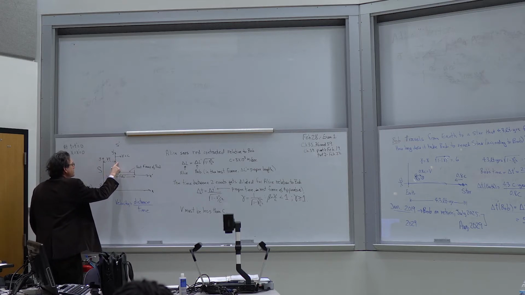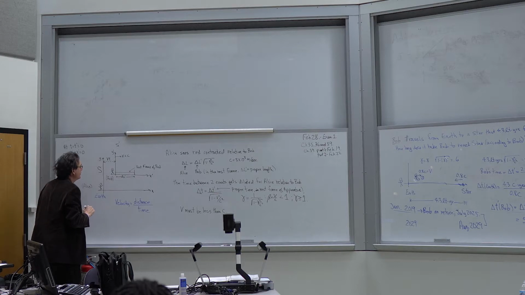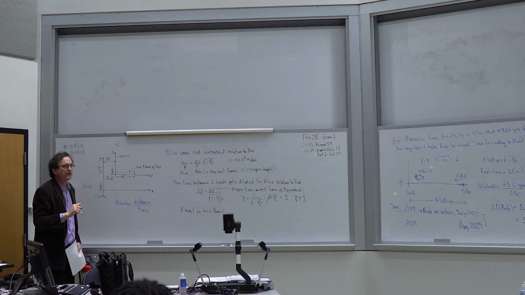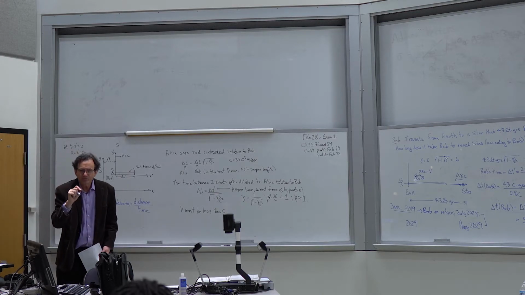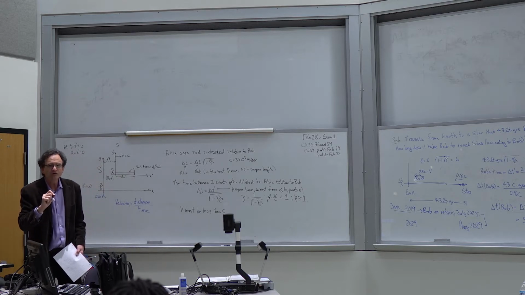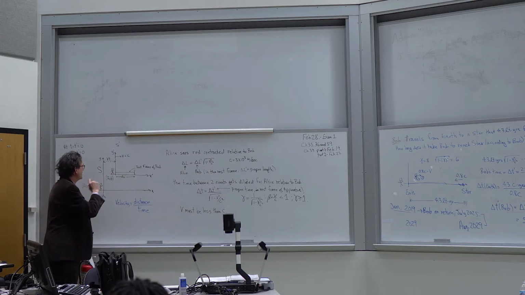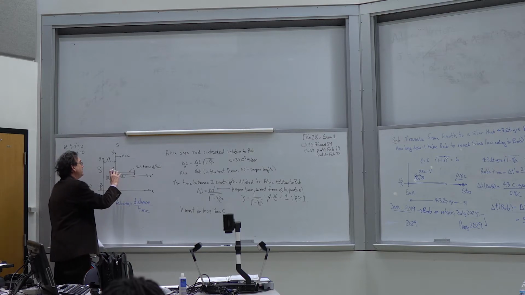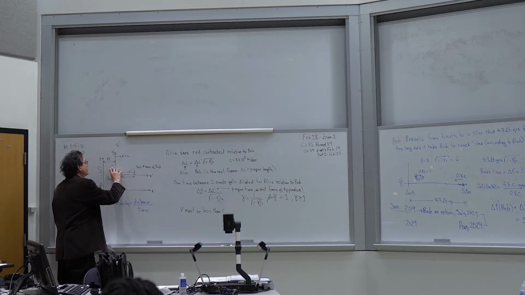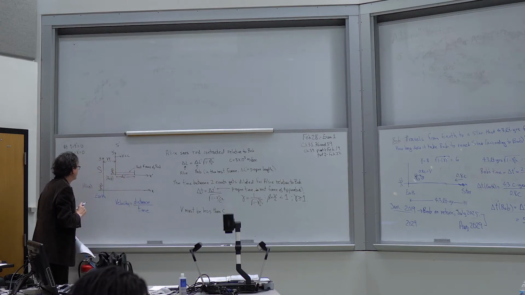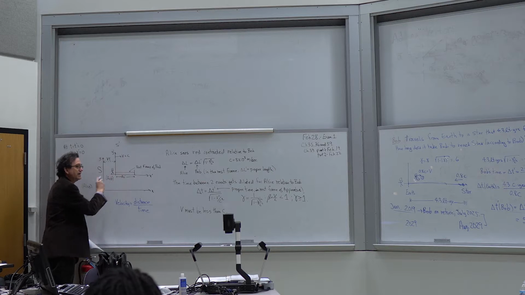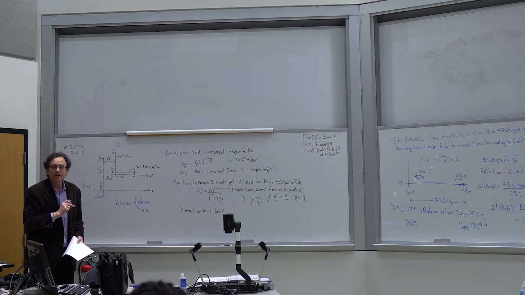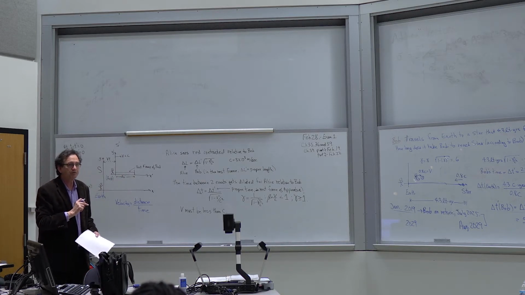And S prime is always moving to the right with respect to S. Who you call the rest frame really depends on the problem you're trying to solve. In this case, we've taken it to be this one because Bob is doing the experiment at rest with respect to his time, and Alice is looking at Bob's experiment.